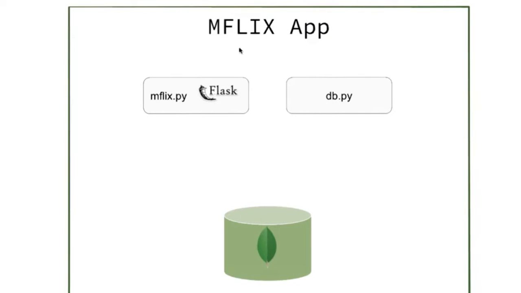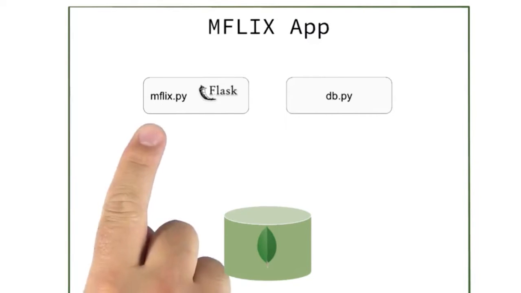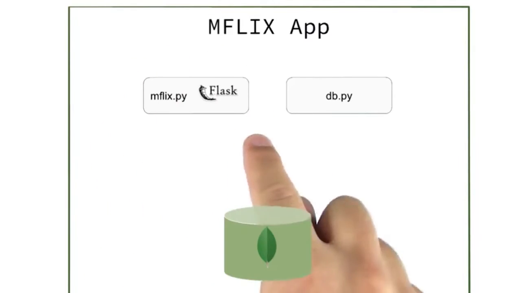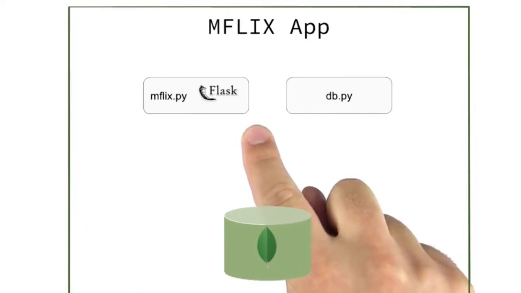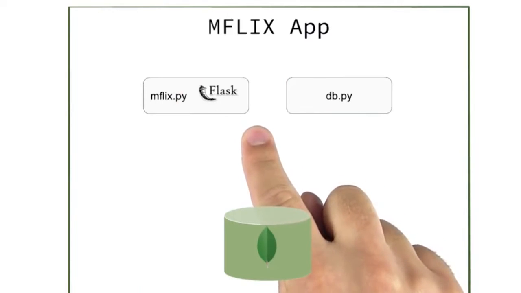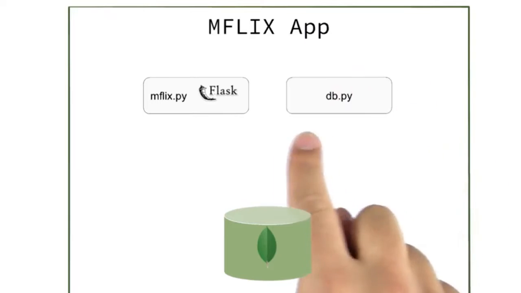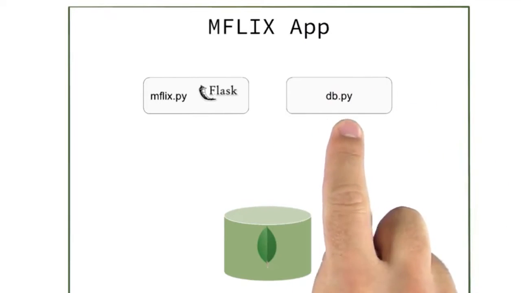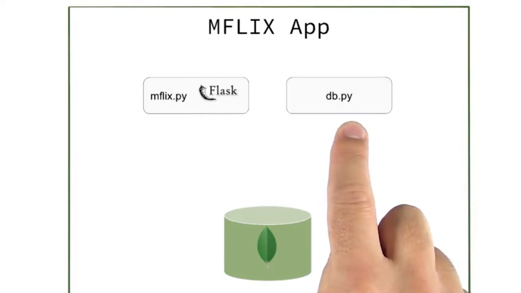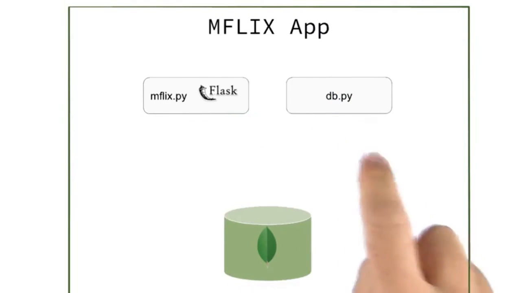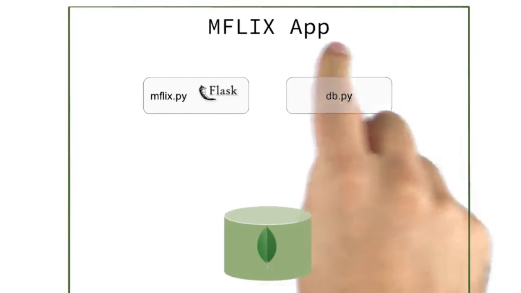Now, the mflix app itself is composed of a couple of different interesting modules. The first one is our mflix.py. This is where we are going to instantiate the Flask application library and the consequent libraries that we need to run the application. Then we have another Python module called db.py. db.py is responsible for the connections between the application and the database.